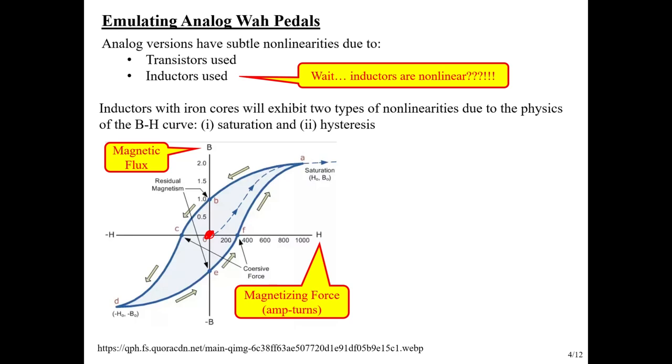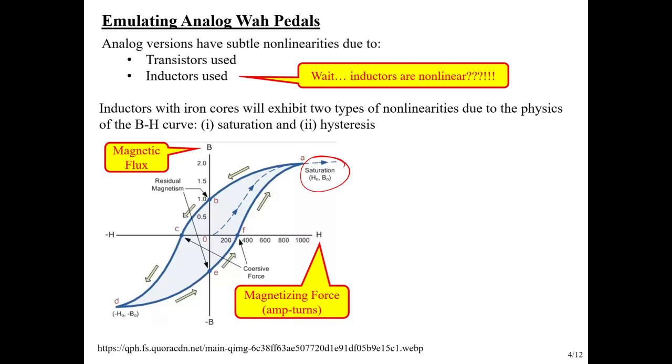And then as we increase the current in one direction, we would move this way on the H, and we would follow this curve. Notice that that's not a straight line. It kind of curves. And that's due to saturation and just the physics of the exchange between magnetizing force and magnetic flux. So even that part is nonlinear, right?